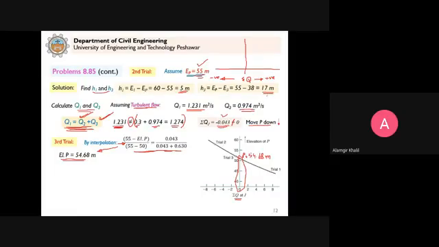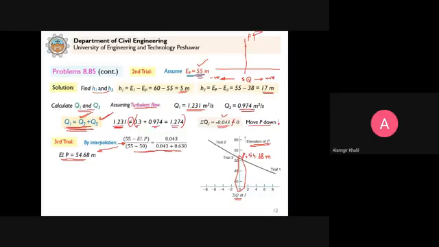Clear? So now what we did is that this is elevation P. You can see here this vertical line represents elevation P. So this is P here. Now in this case, we come up with the value when first we assume the value of 50.